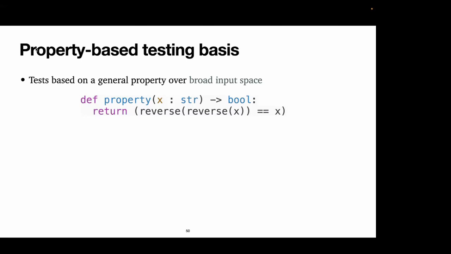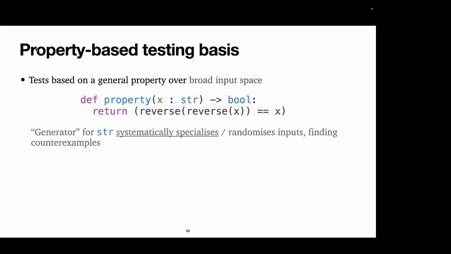You could write a bunch of tests for this: start with the empty list, do it systematically, a list with one thing in, the reverse doesn't do anything, maybe a list with two numbers, 1 and 2, reversing it gives 2, 1, and back to 1, 2. You could do all of that. In property-based tests, the idea is to keep this property general and have the computer generate lots of inputs for us automatically.